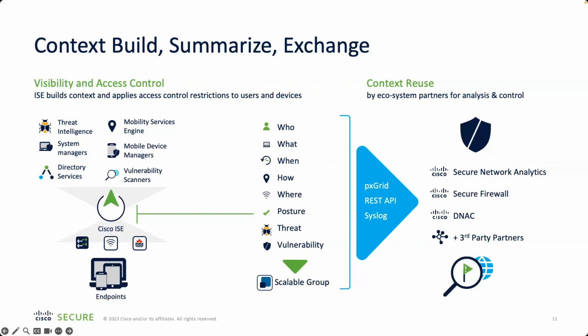On the other hand, if you look at enforcement devices, that is firewalls and switches, what they all care about is traffic. It could be source traffic, destination traffic, ports, protocols, and they do it based on the IP address. All the network access devices perform the action based on the IP address, but they do not know who is behind that IP address.